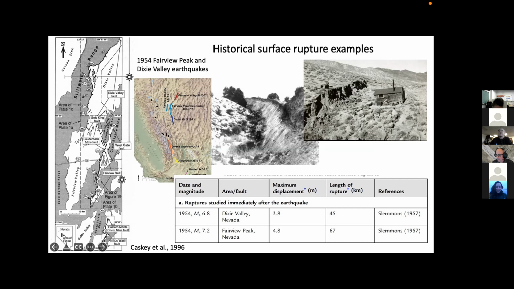Here's the Dixie Valley scarp. This is a famous photo where the ranch was back tilted. This shows distributed fracturing out towards this little ranch house. So it's a wide zone of distributed fracturing, actually a little graben along the fault trace, and then about a 2-meter scarp. There's a geologist standing there, you can barely see, looking at it.